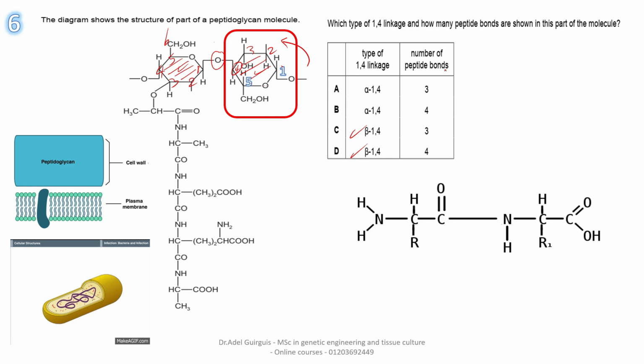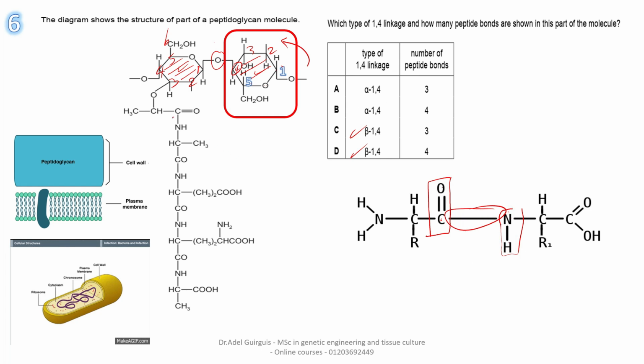As N links with H in this part, and as C, where is C? Yes, and as C links with a double bond, this is a peptide bond. Where you find C, N links with C, C carries a double bond O and N carries H, this is called a peptide bond.